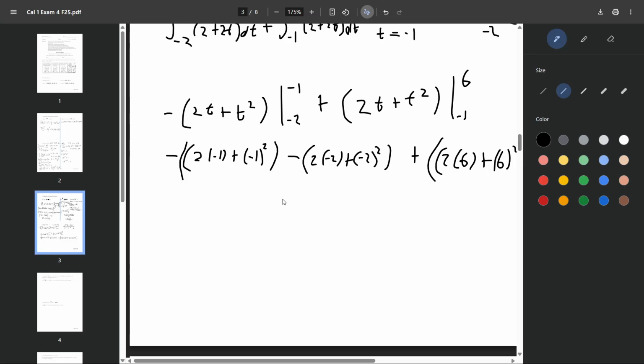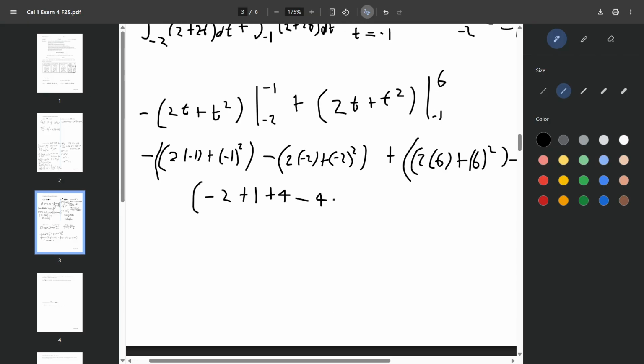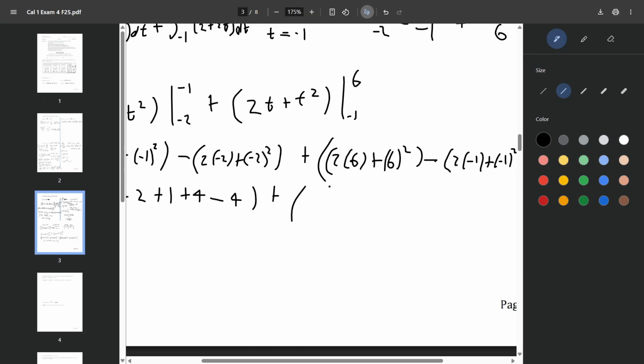Alright, and then we add all these together, so negative 2 plus 1 is negative 1, then 4 minus 4, plus 12 plus 36, plus 2 minus 1.